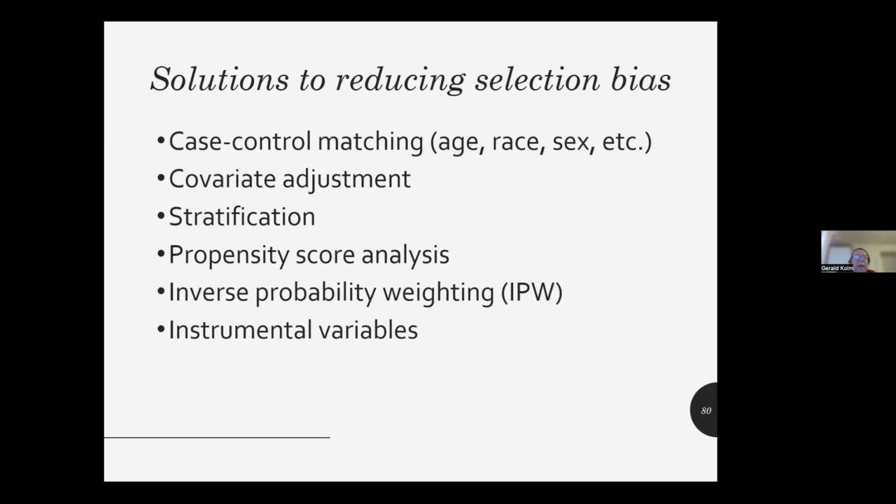So there are some ways that we can reduce selection bias. We can do case control matching, covariate adjustment, or stratify. And then a couple of things that we will go into next week: propensity score analysis or inverse probability weighting, and then we can also use what's called instrumental variables.